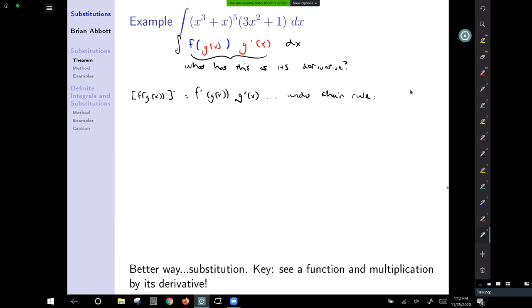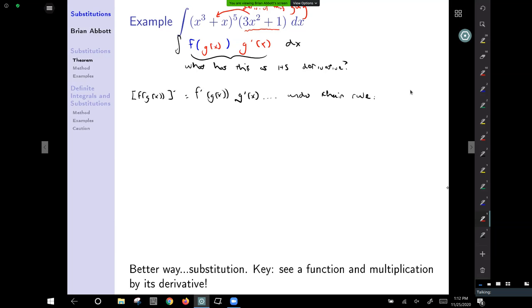So let's see here. I'm just going to look at this and say, all right, well, g prime of x, this thing right here looks an awful lot like the derivative of this guy. Right?